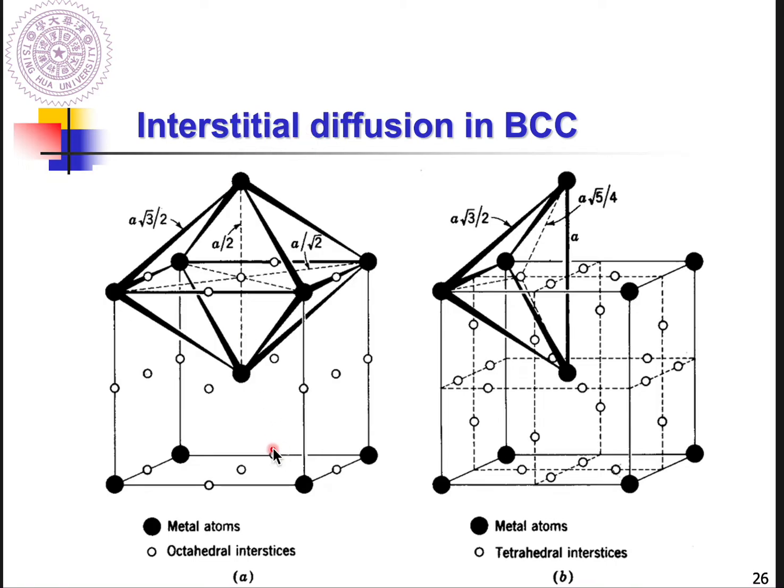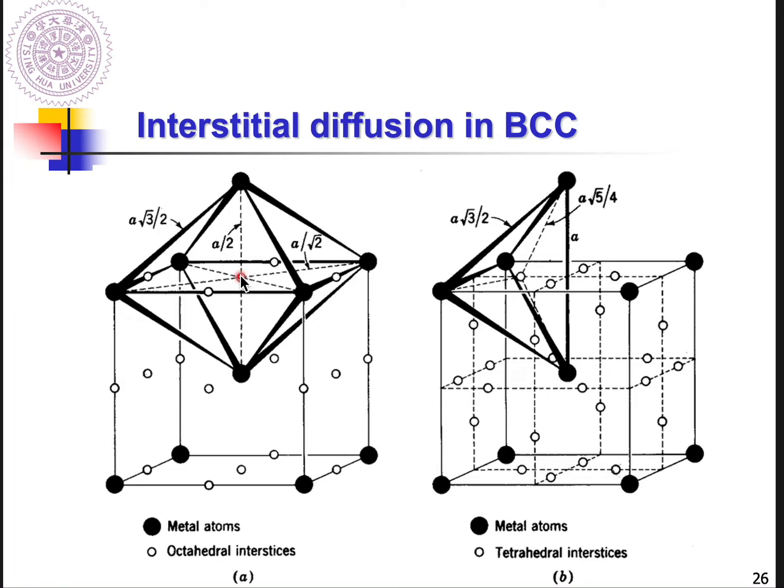Let me introduce you. We do have two different kinds of interstitials in BCC. This is a BCC, a unit cell for BCC. You have atoms at the center of the unit cell, and also we have 8 atoms at the corners. And you can observe the interstitial, we call it the octahedral interstitial here.